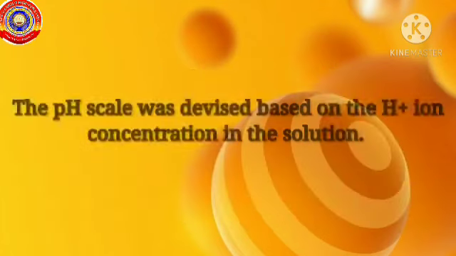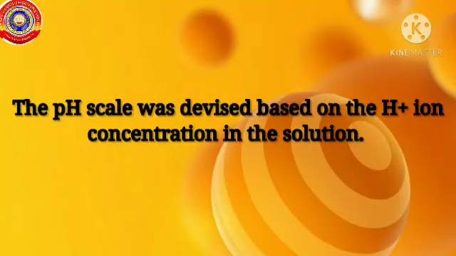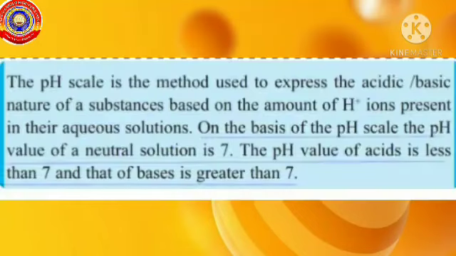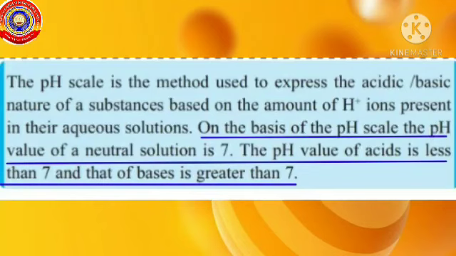The pH scale was devised based on the H+ ion concentration in the solution. On the basis of the pH scale, the pH value of a neutral solution is 7, and the pH value of acids is less than 7 and that of bases is greater than 7.